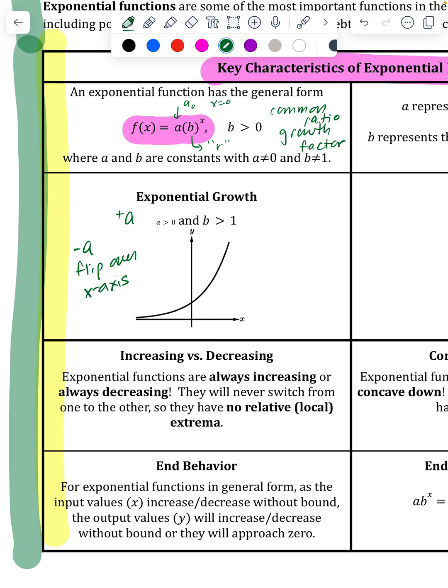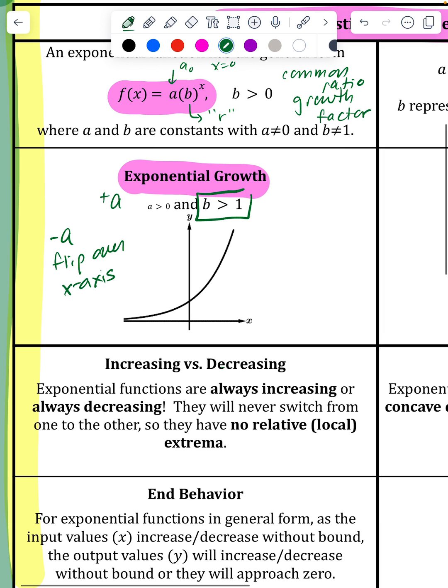So this is telling you that exponential growth is going to require that growth factor or ratio value to be greater than 1. That makes sense to me, because this is telling me that my growth factor is more than 1, like saying r is greater than 1.